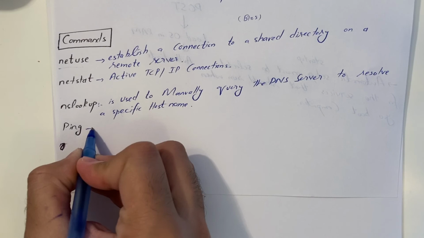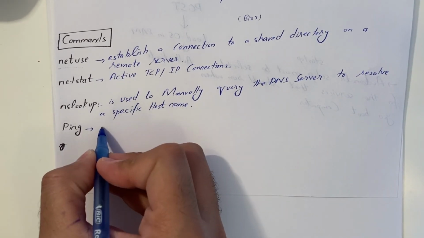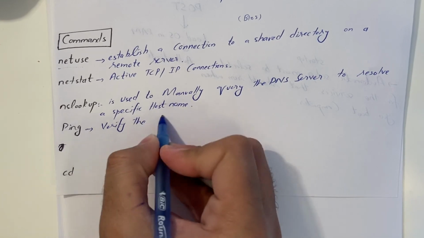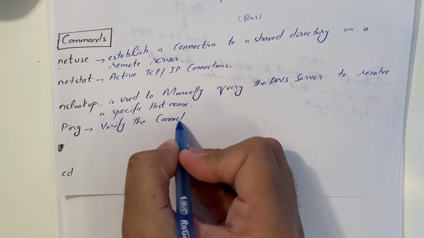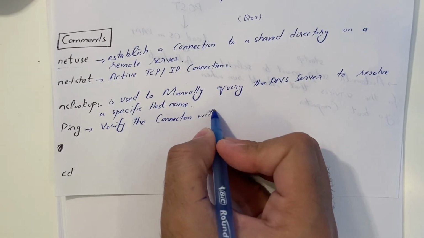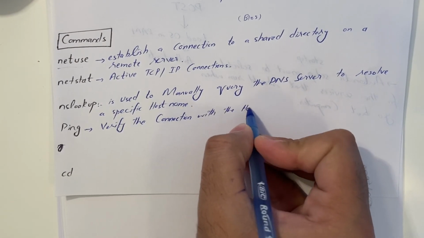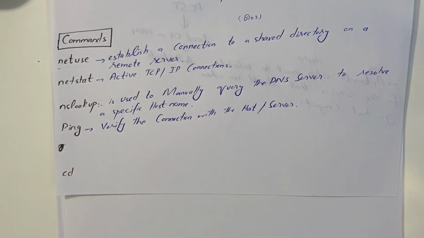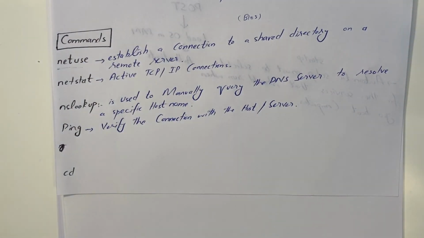Then we have the ping command. Ping is basically just to verify the connection with the host or the server. So we use this particular ping command for troubleshooting. Now, let me give you a scenario.